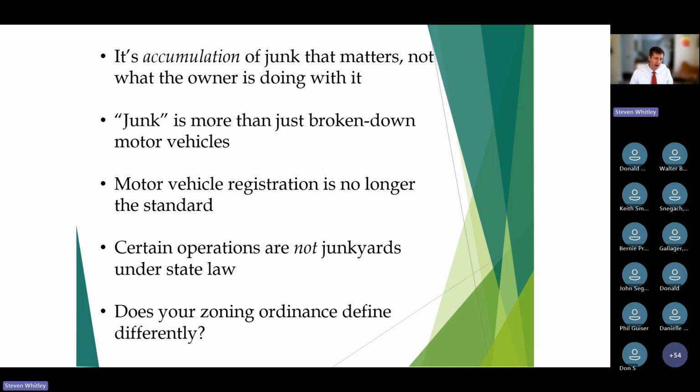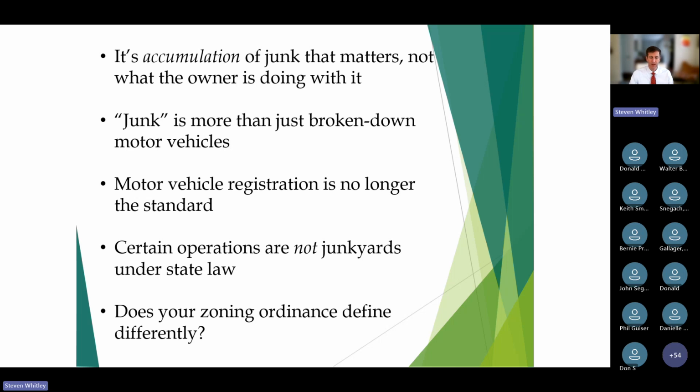The last bullet there is really a pretty critical one. Does your zoning ordinance regulate junkyards? Many communities do. I've seen a lot that don't, however, and we're going to get to this in a second, but the state law gives you some enforcement mechanisms, but they don't have as much teeth as enforcing under your local zoning ordinance.